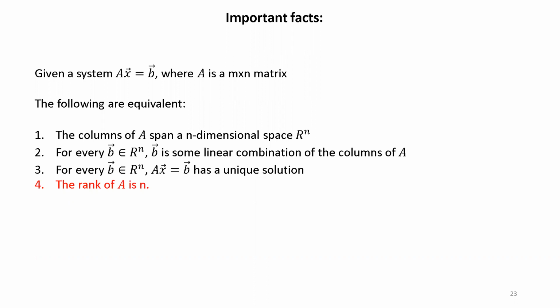That means if I say that the columns of A span the n-dimensional vector space R^n, where R means the real numbers, then that is equivalent to saying that for any vector B that belongs to this n-dimensional vector space, B can be expressed as a linear combination of the columns of A. And this is also equivalent to saying that for any B vector in this n-dimensional vector space, AX equals B has a unique solution.